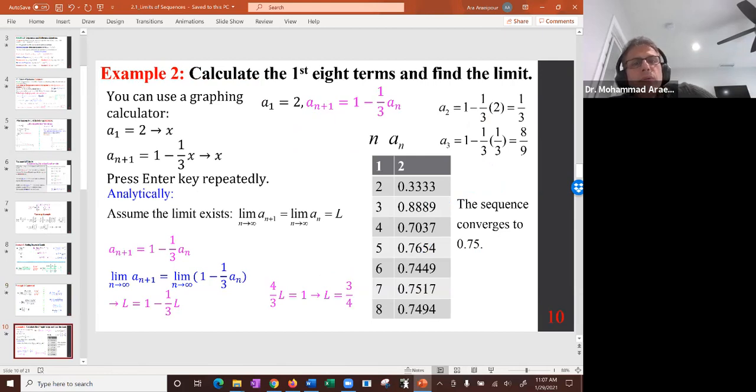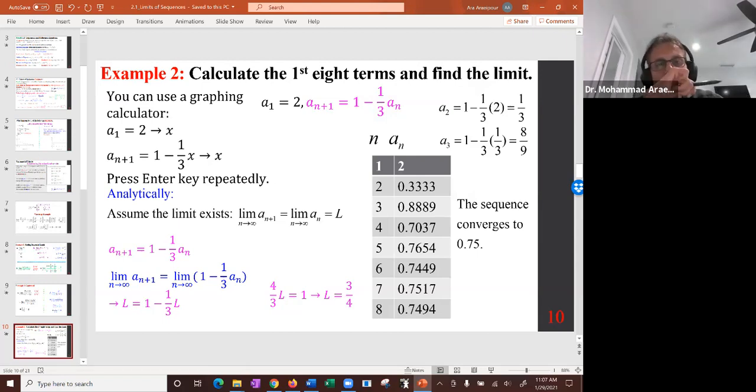In this example, we wanted to write the first 8 terms, and I showed you how to find the first and the second one with details, and then I mentioned this may get difficult, it is tedious, and therefore we went over using a short program using a graphing calculator.